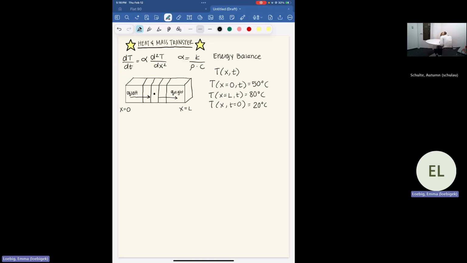And each of these sections have some change in position delta x. The net heat flow can be described as the heat entering minus the heat leaving. We already said that the heat entering is Q left and the heat leaving is Q right.